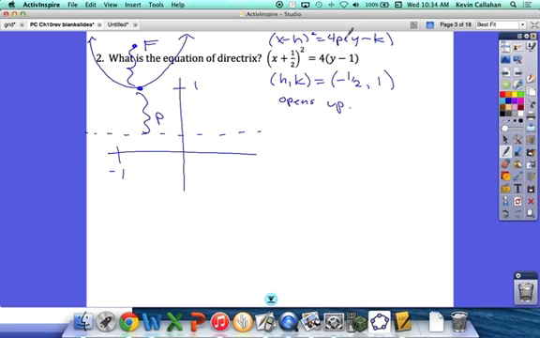Right, and the 4p here is whatever is the coefficient there. So in this problem, 4p equals 4. So p equals 1. So you should be going down from this point, which is -1/2, 1. You should be going down 1. And that's the directrix. So what's the equation of that line? Y equals 0. Right, that was the answer. Y equals 0.